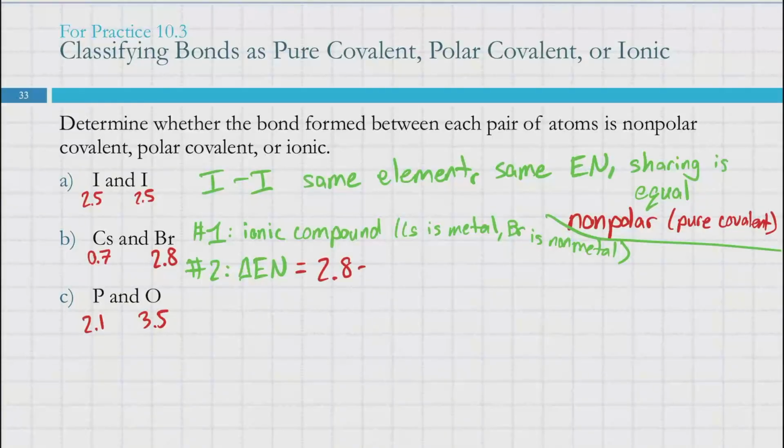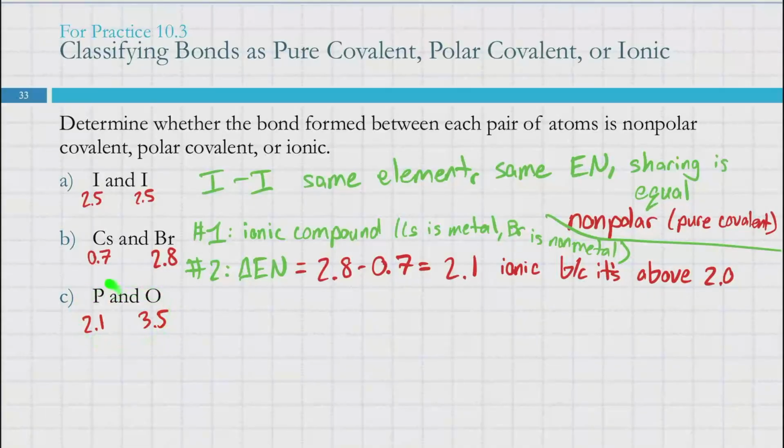So 2.8 minus 0.7. That's a difference of 2.1, which is ionic. It's above that 2.0 threshold. So that would be the other way that we could come up with it being ionic.